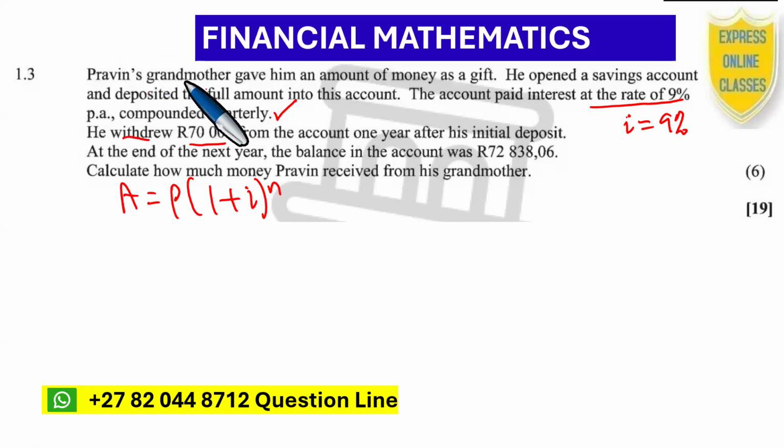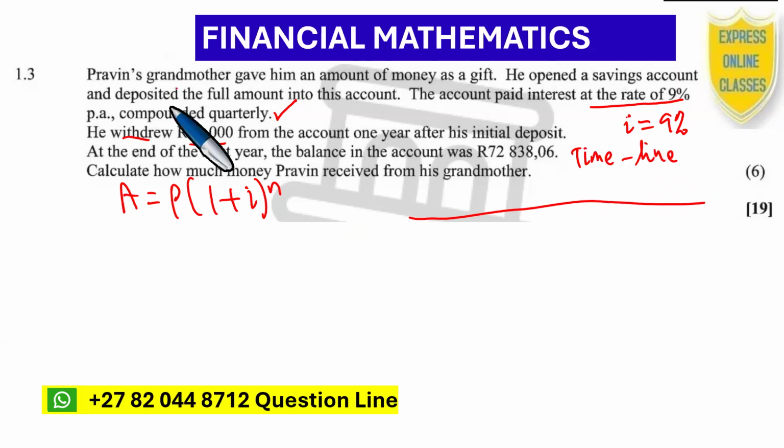We note that, so there's a timeline that we use. Previn's grandmother gave him an amount of money as a gift. He opened a savings account and deposited the full amount into his account.